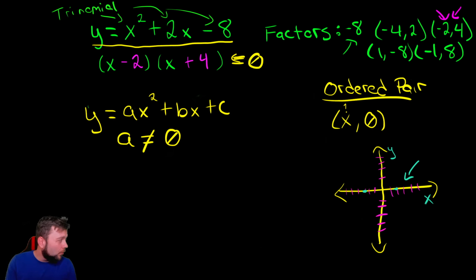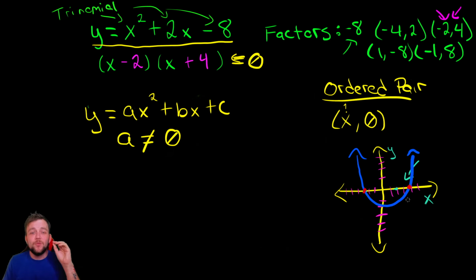Because when you cross the x-axis, so let's just imagine this is our parabola, something like that, right at that point when you're crossing the x-axis, what is your y coordinate? How high up are you on the y? Well, you're at 0. So you set it equal to 0, and then you solve.